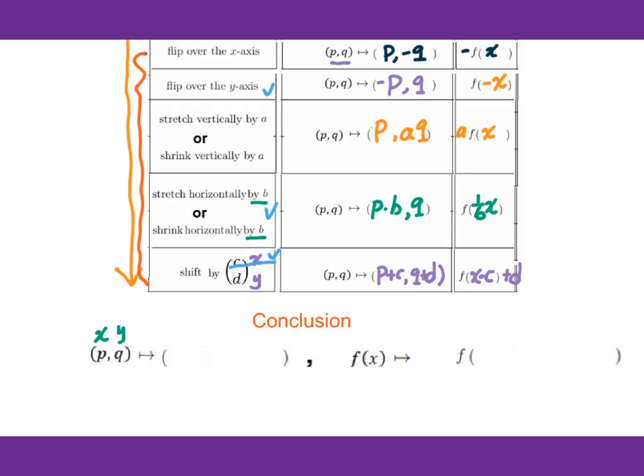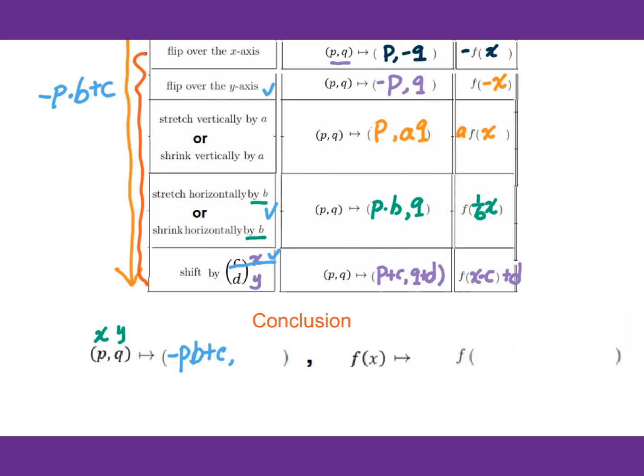So for the x-coordinate p, flip over the y-axis, you will get negative p. Stretch horizontally by b or shrink horizontally by b, you just need to multiply by b. Then shift by c, you add c. That will be the new coordinate.